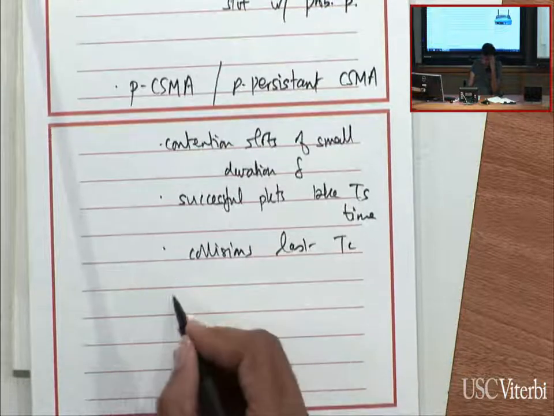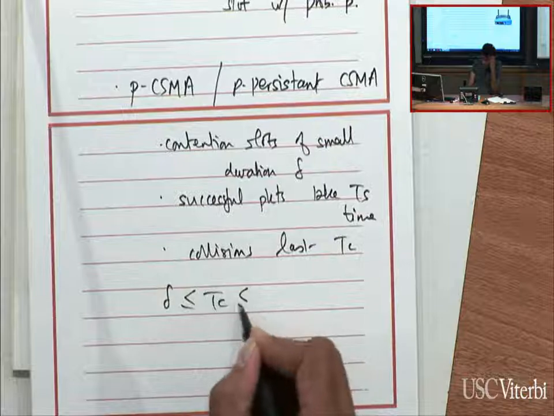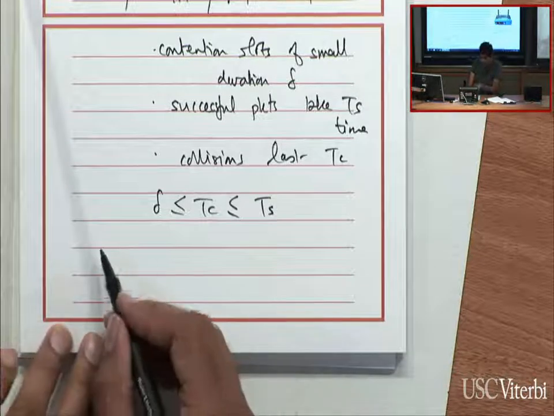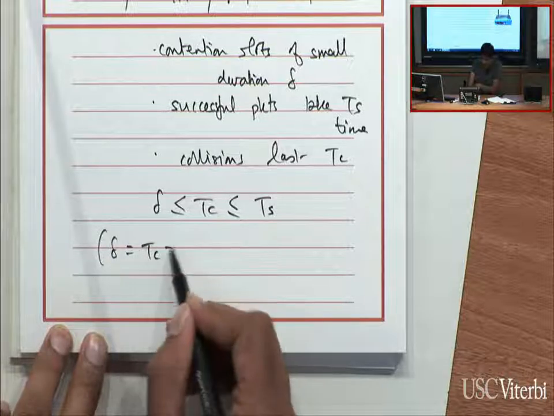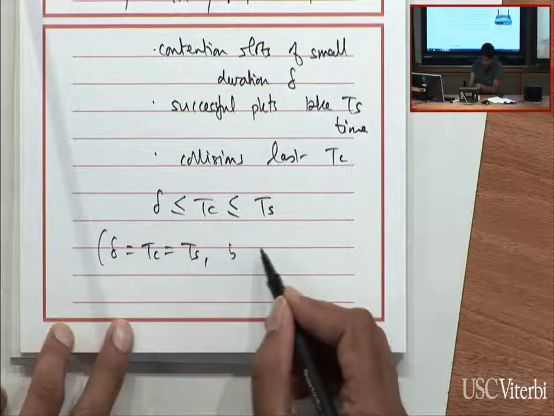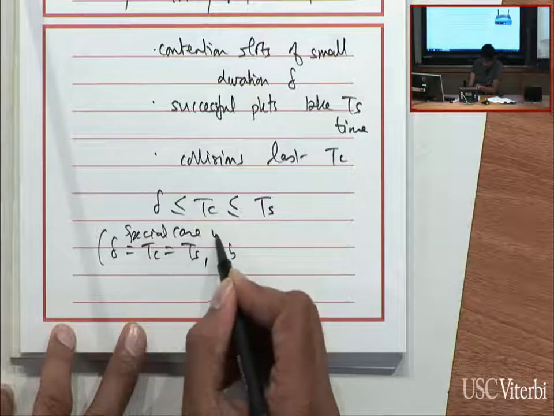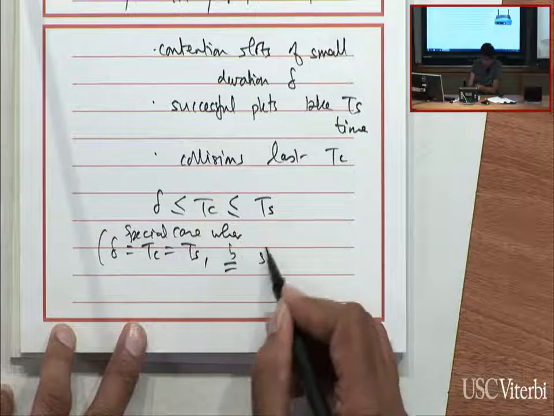And in general, this is how these different times are related to each other. And the special case where these are all equal to each other is slotted aloha.